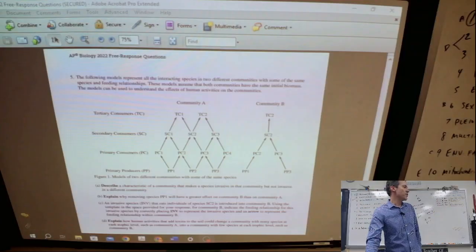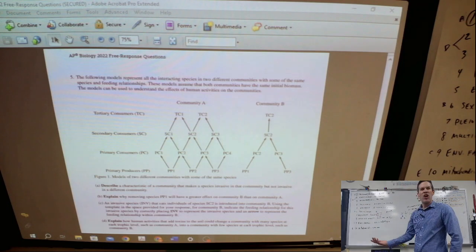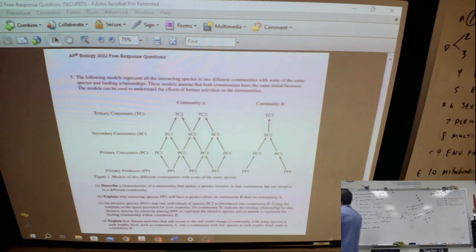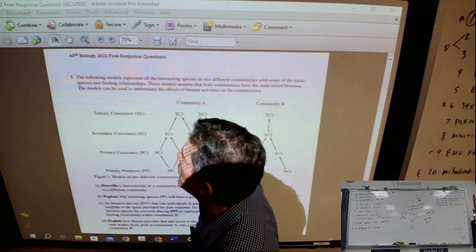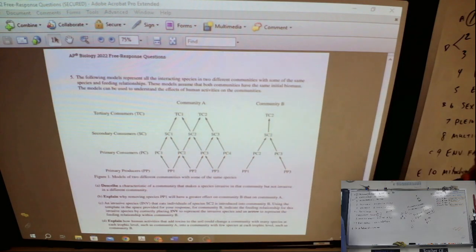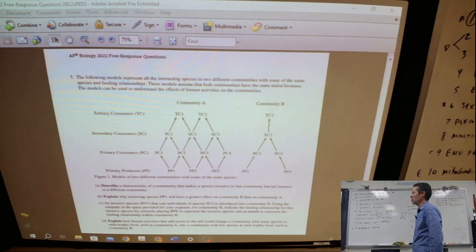All right, so this one, if you're at home and you're looking for it, it's 2022, number 5. So if you search up the AP Bio free responses from 2022 and scroll down to number 5, you're good.